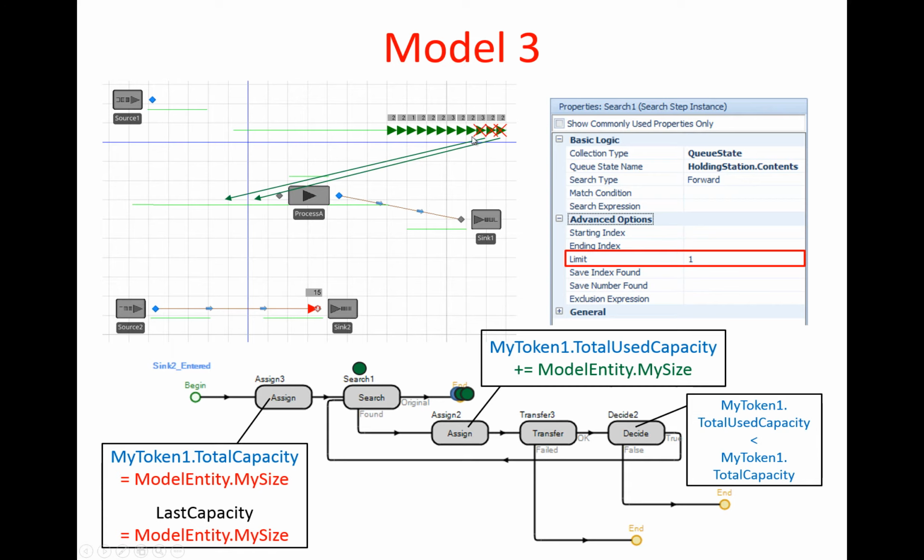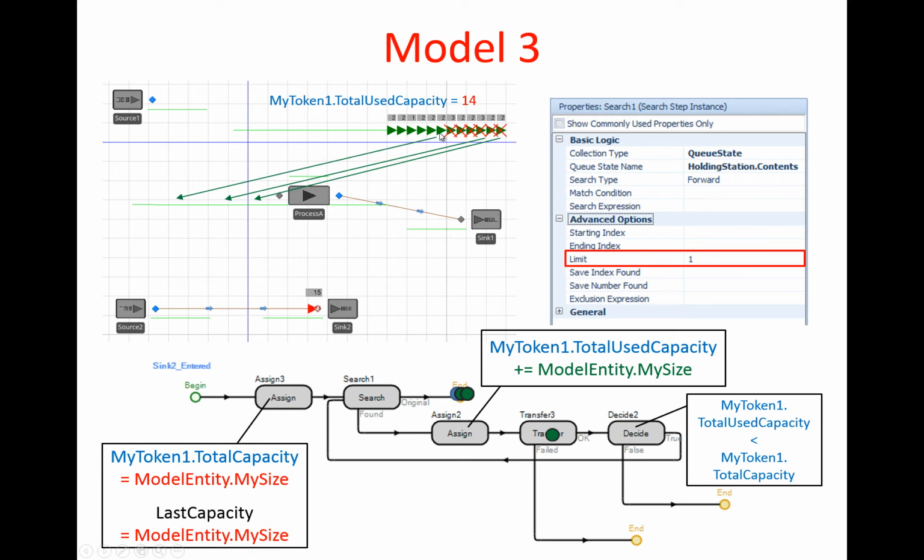So this entity will be transferred, this entity will be transferred, this one will be transferred, and when I get to this type A entity, the value of my token1.total used capacity will be 14, which is the sum of the individual sizes of the entities that I have already transferred. When the token associated with this last entity executes my process, again I do the accumulation, so the new value of total used capacity will be 16 now.